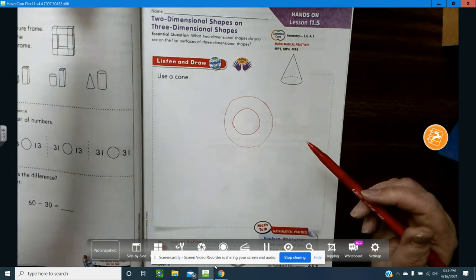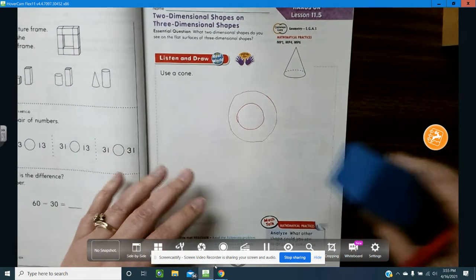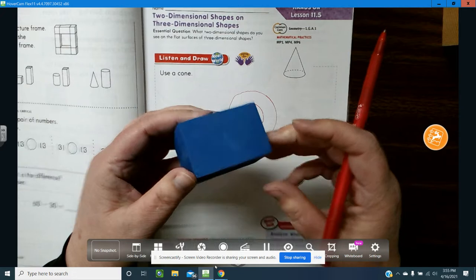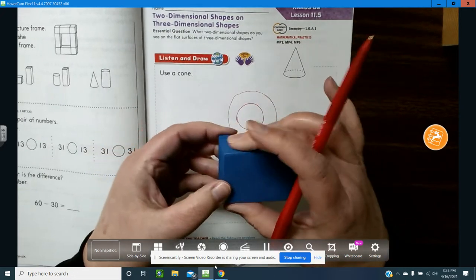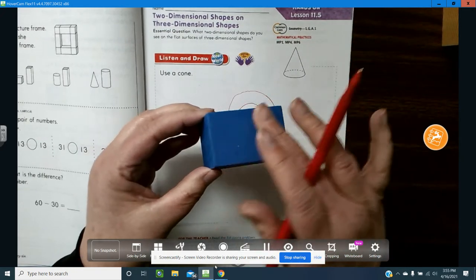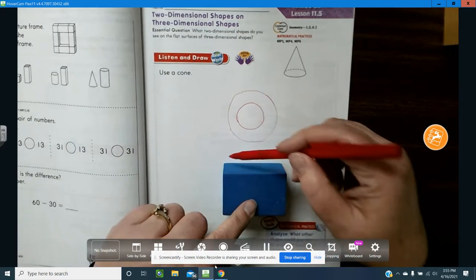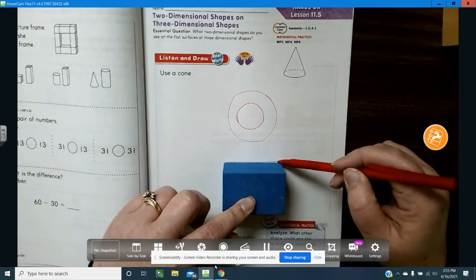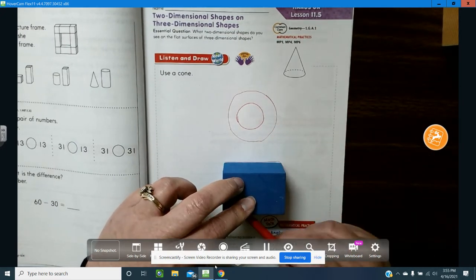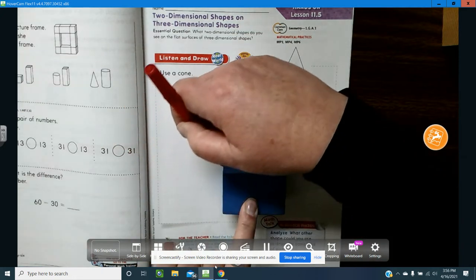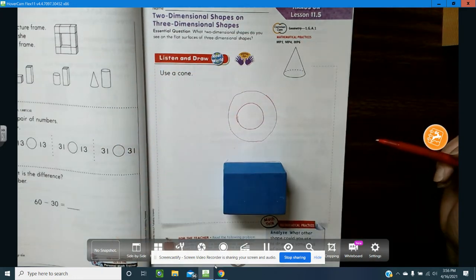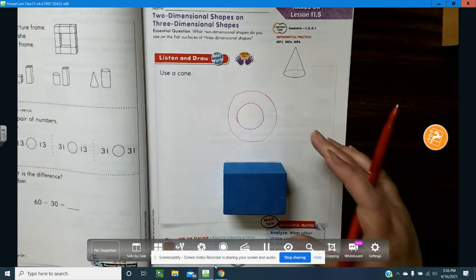Now I was going to show you, boys and girls, if you use different three-dimensional shapes, like here's a cube. Well, actually, this is a rectangular prism because it has rectangles. You can trace around each one and you can see the shapes. If you don't have any at home, boys and girls, you might have to use your imagination to draw them.